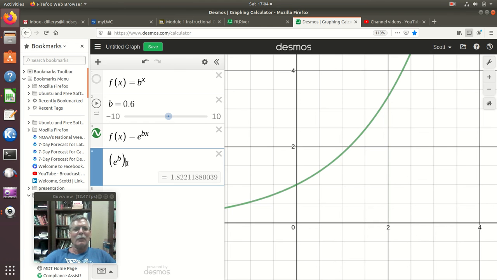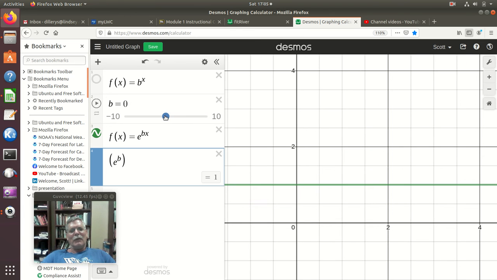See, e to the b is bigger than 1, right? And that's the base. So when I have this b bigger than 0, my base that I'm actually using is bigger than 1.